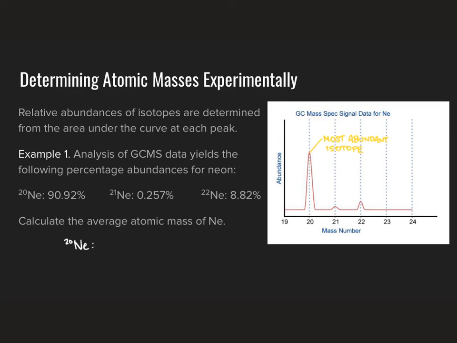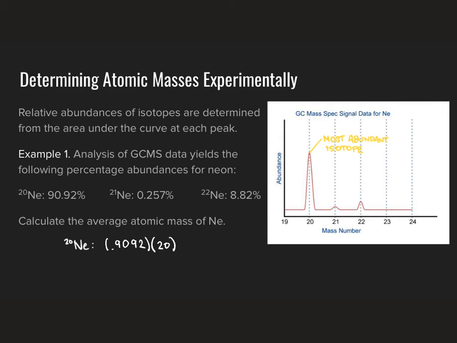We're going to convert 90.92% into a relative abundance, that is, parts out of a whole. We would get 0.9092 by moving that decimal place 2 to the left, and we're going to multiply that by our mass number of 20.